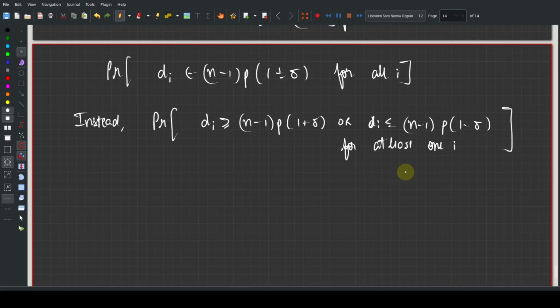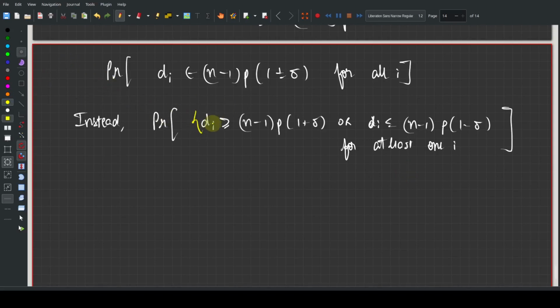Now again, the d_i's are not independent random variables. So what can I do? Can I get a bound on this in terms of a probability for a specific d_i?